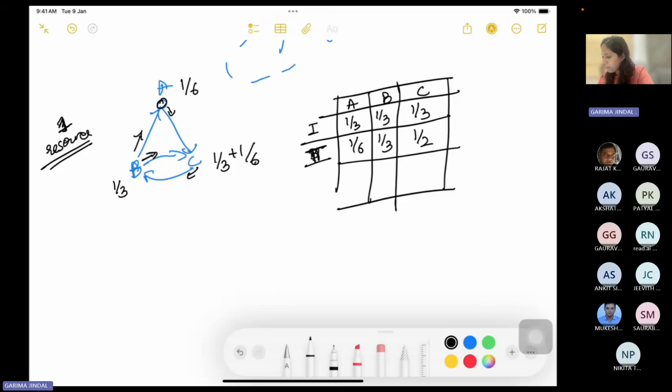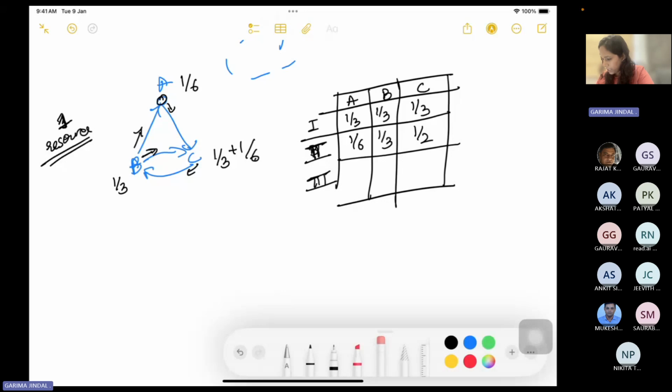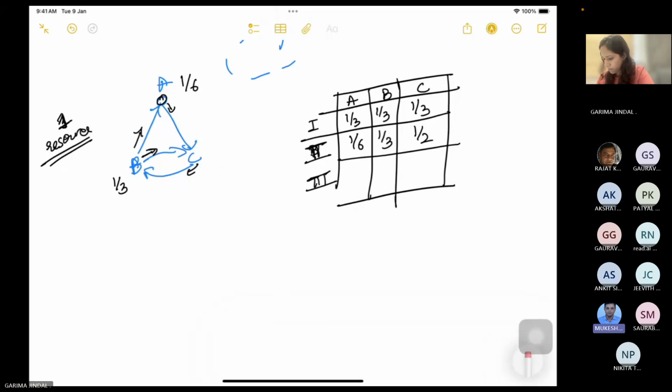Now let us see what happens at the third iteration. Let me again erase these scores. Ma'am, in this way, C has also given it to B, right? Yes.